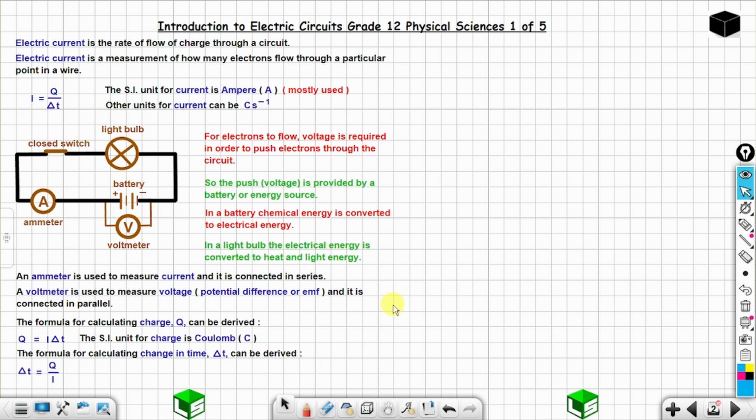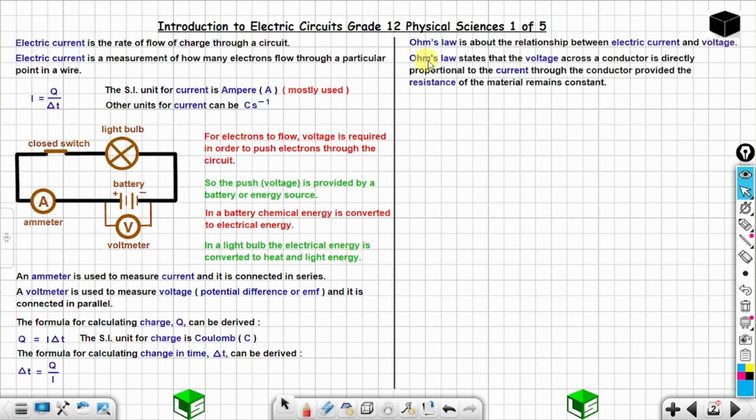Okay, we carry on. Now, Ohm's law. Ohm's law is about the relationship between electric current and voltage. The statement says, Ohm's law states that the voltage across a conductor is directly proportional to the current through the conductor, provided the resistance of the material remains constant.